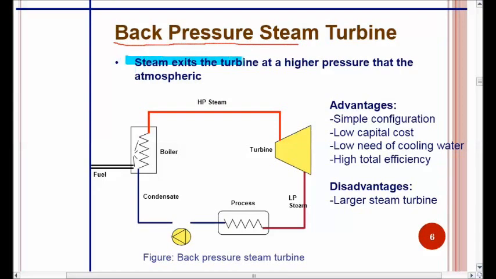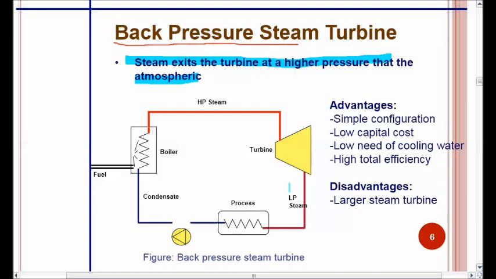Here the steam exits the turbine at a higher pressure than atmospheric pressure. Usually the pressure at the inlet of the turbine is much higher than at the outlet, but still the outlet pressure is far less than atmospheric pressure.